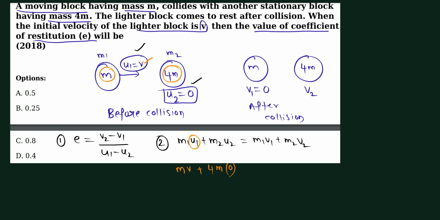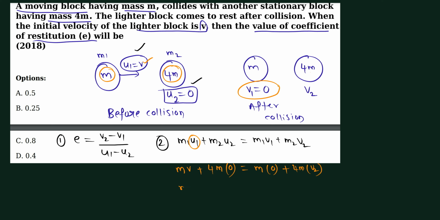U2 is 0, since before collision it is at rest. On the right side, M1 is M, V1 is 0, and M2 is 4M. Keep V2 as V2.